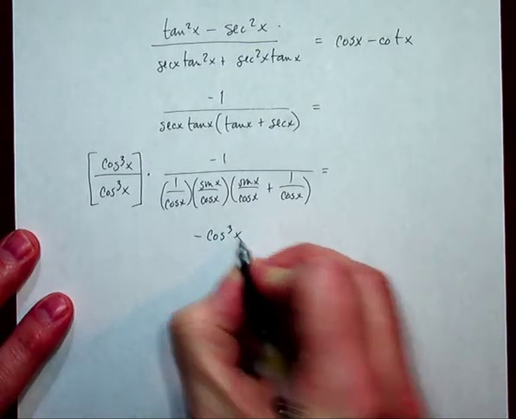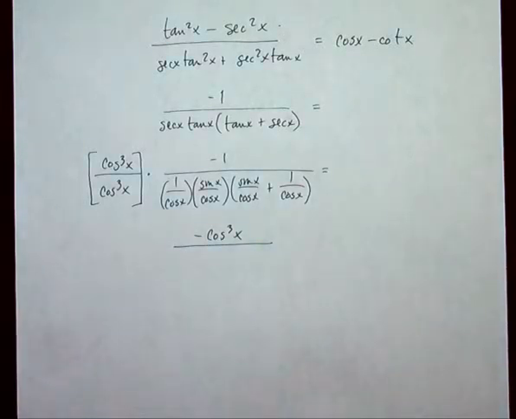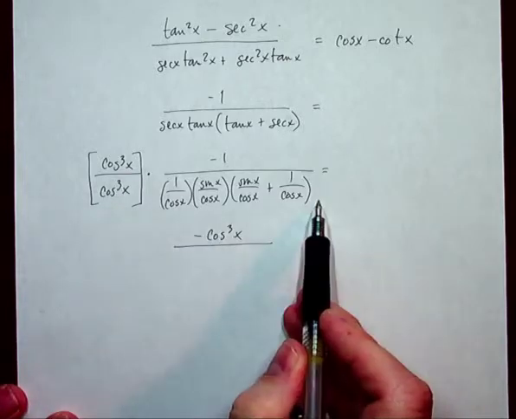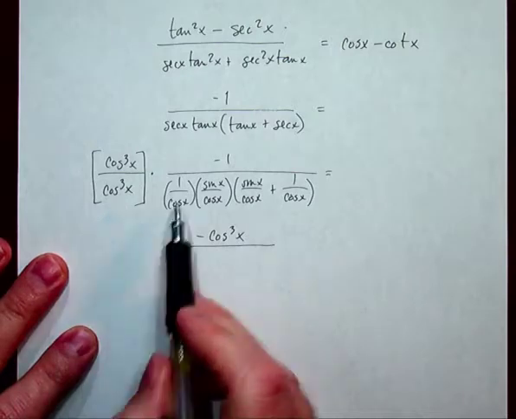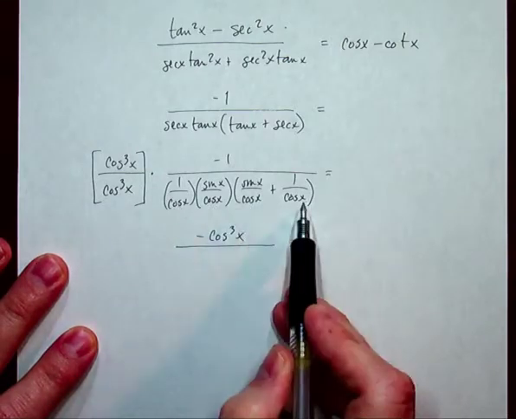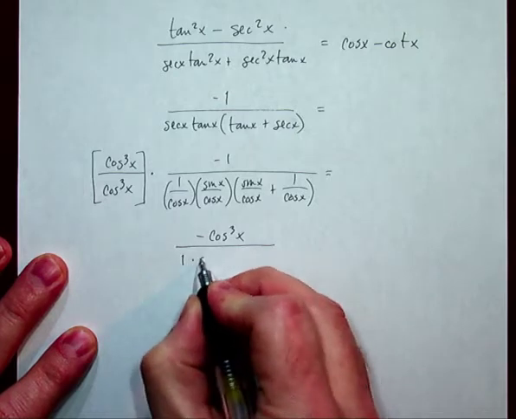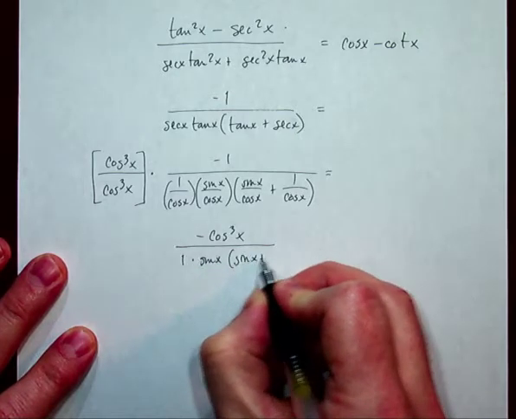I'm trying to encourage you to do it the other way. Now, when you multiply cosine cubed by this denominator, the whole point is for it to basically cancel out these 3 denominators. And so what you're left with is 1 times sine x times sine x plus 1.